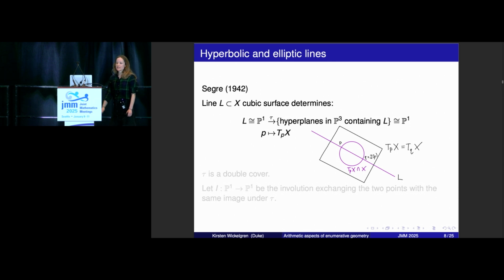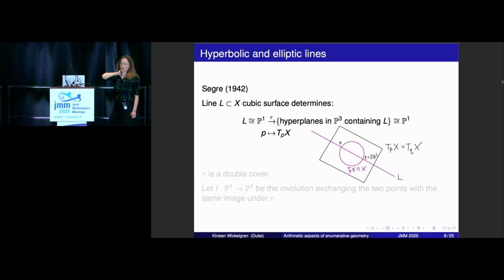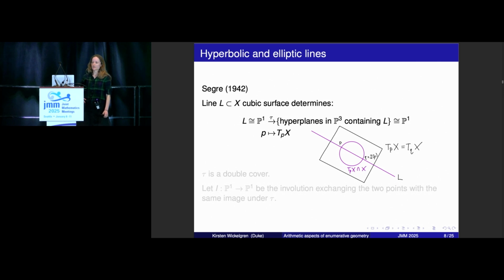So that's a plane in P3, and it has to contain a line. So you can get P3 by projectivizing a 4-dimensional space, and the line is this 2-dimensional space. So you want to projectivize the quotient, so you're projectivizing a 2-dimensional space, so it's a P1. So all the hyperplanes containing L is a P1, so you get this map from P1 to P1 that takes P to the tangent space.